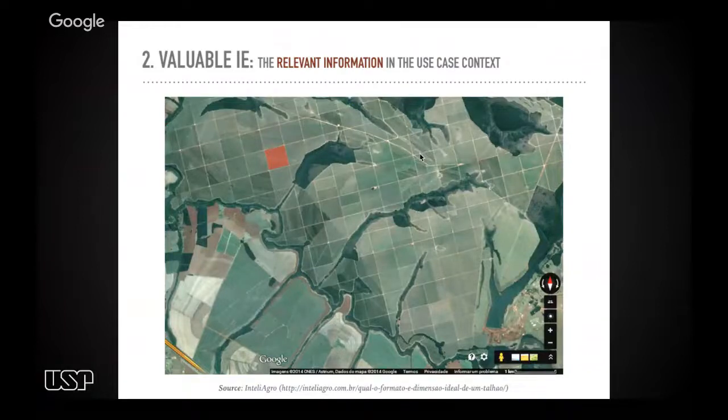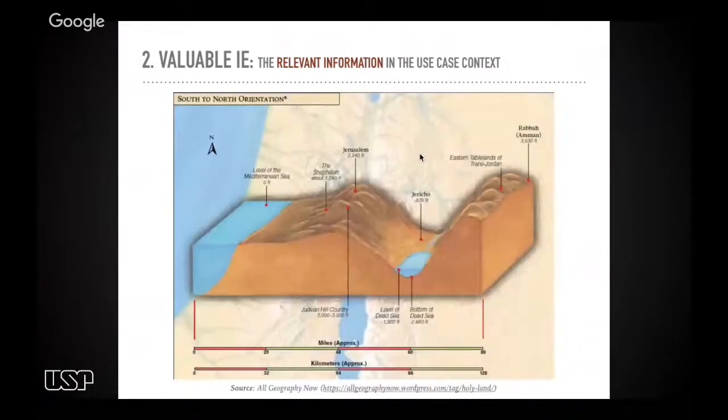Depending on the use case, for marine studies the depth is very important, or the height may be important. So what does location mean in the use case? This is important to define too.